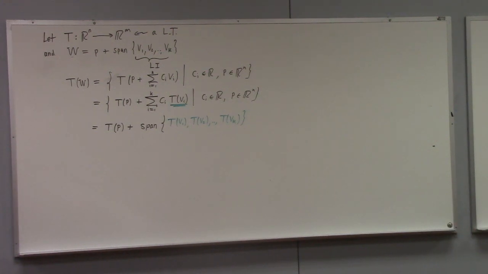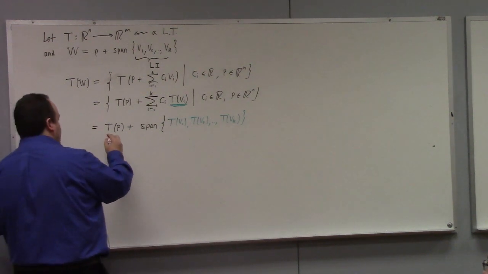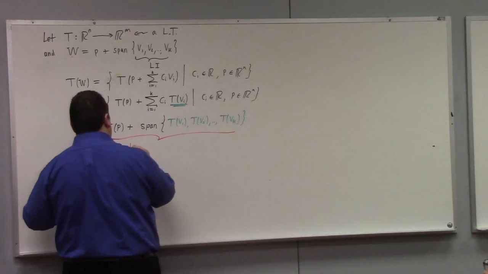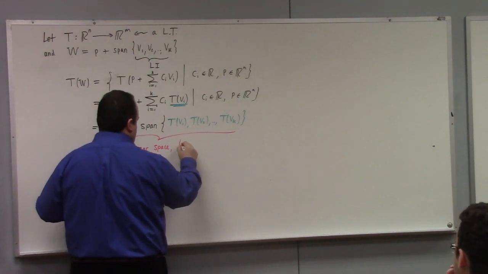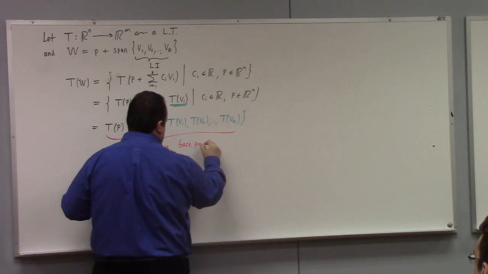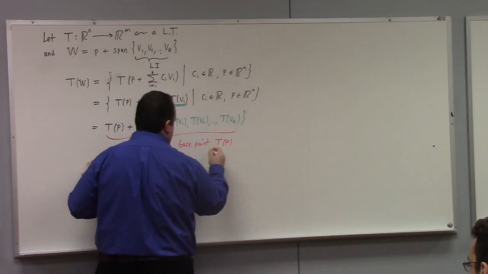So this, what is this? This is again a linear manifold, right? In an affine space. What's the base point? So let's just say this is a linear space. We could say that. A linear space, right? Base point T of P, right?